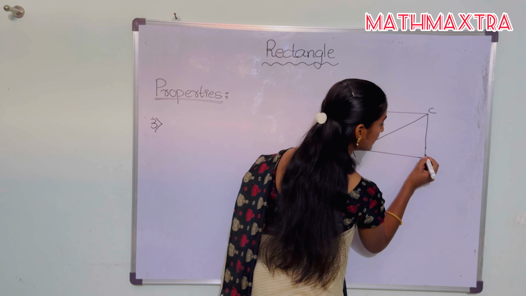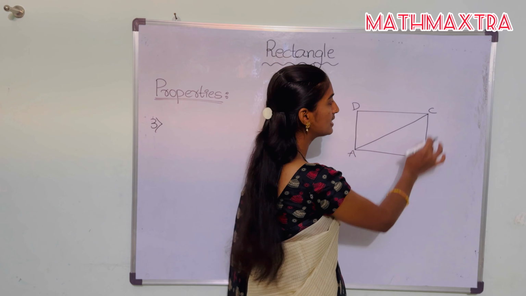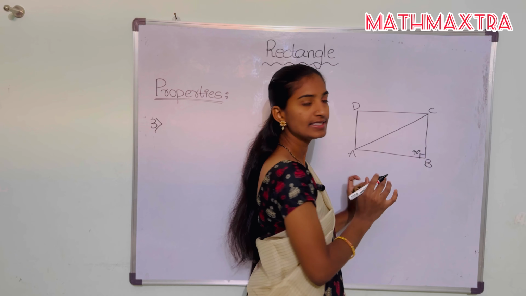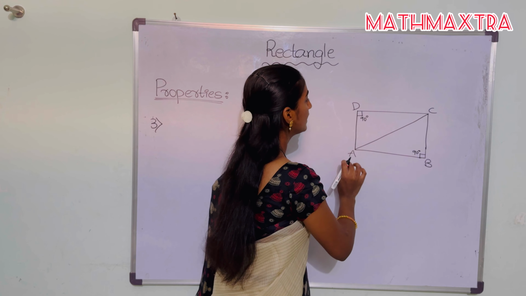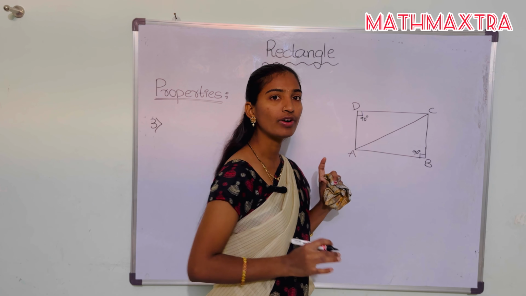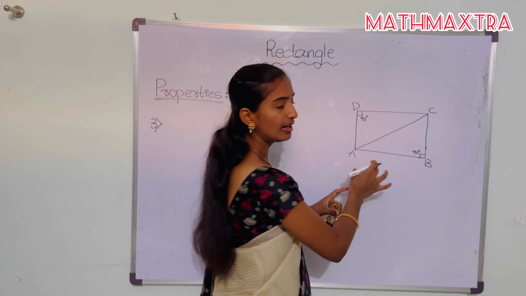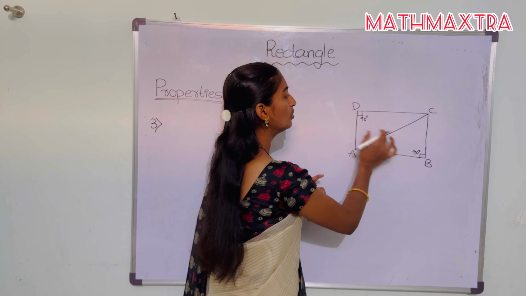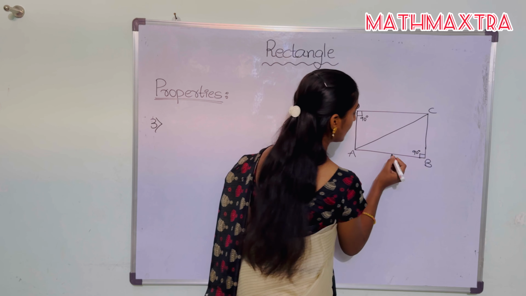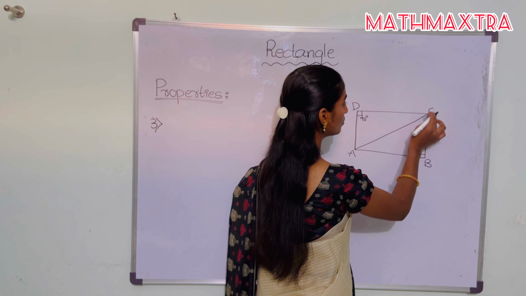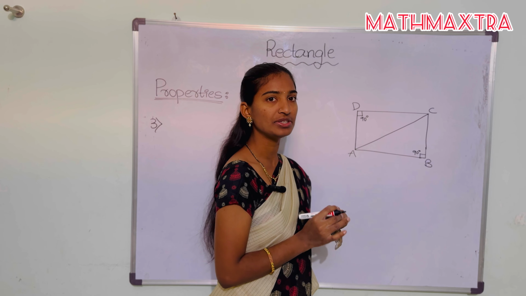As this is 90 degrees, ABC is one right angle triangle, isn't it? And as this is 90 degrees, ADC is also a right angle triangle, isn't it? So this diagonal divides the rectangle into two congruent right angle triangles. See, how can we say these two right angle triangles ABC and ADC are congruent to each other?